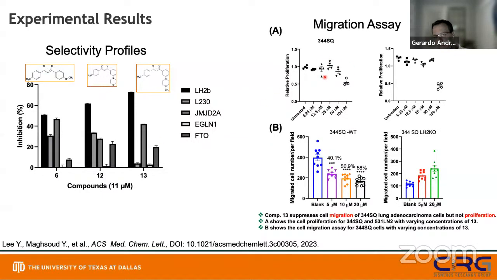Migration assay, so because we don't want to see the lung cells migrate to other places, this is the characteristic of metastasis. If they're untreated, cells migrate. With LH2 at 100 micromolar, they don't migrate at all, and they show good killing of the cancer cells. So we're excited about these LH2 inhibitors.